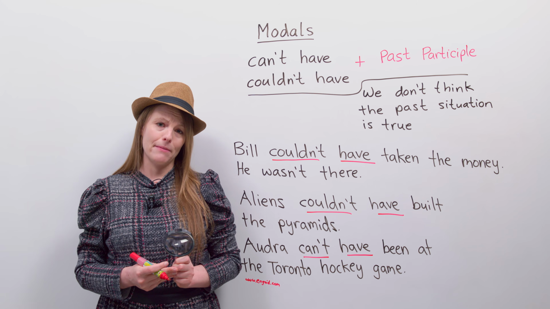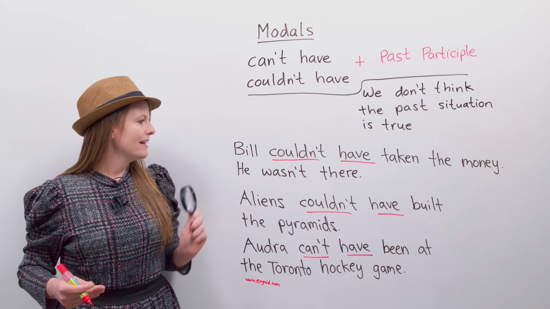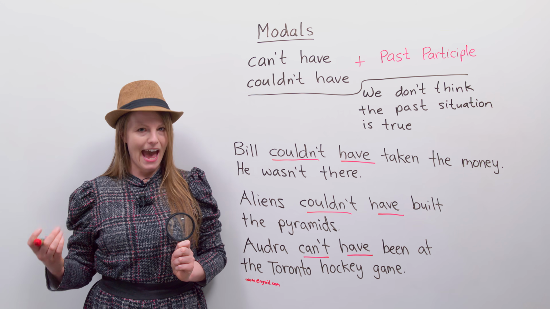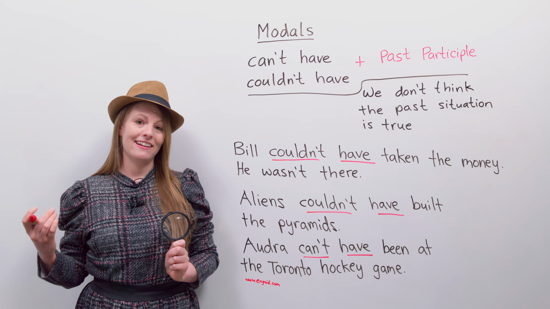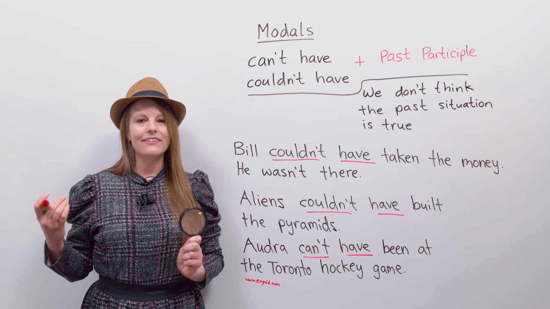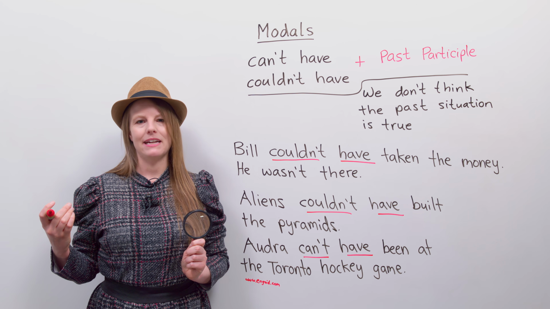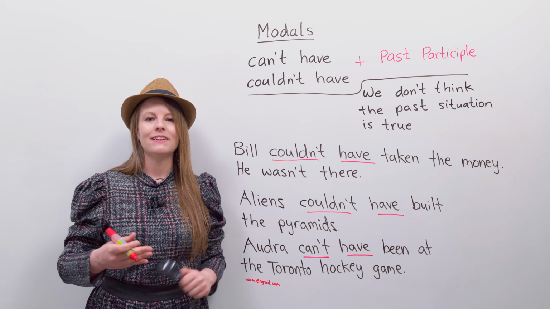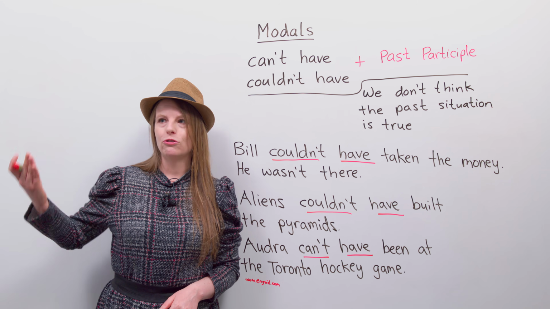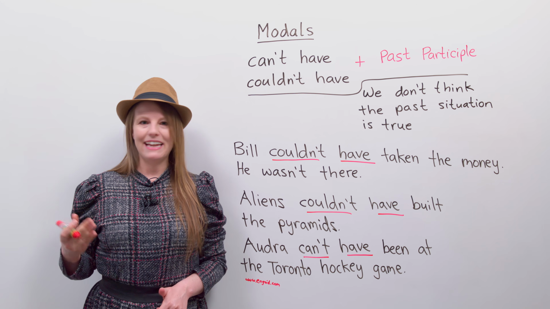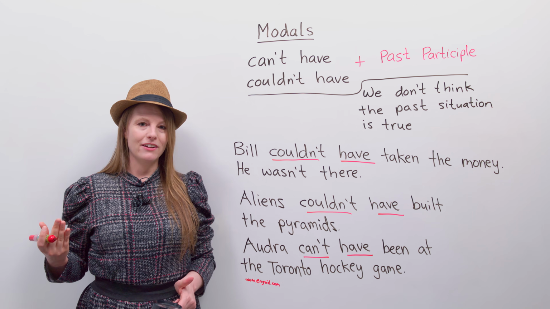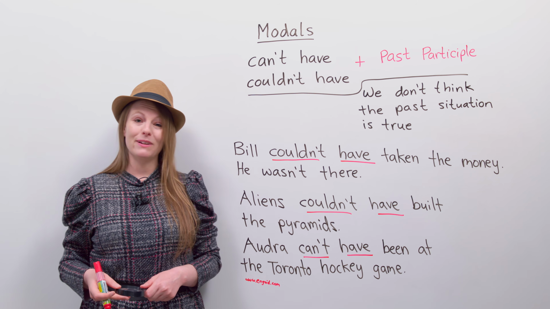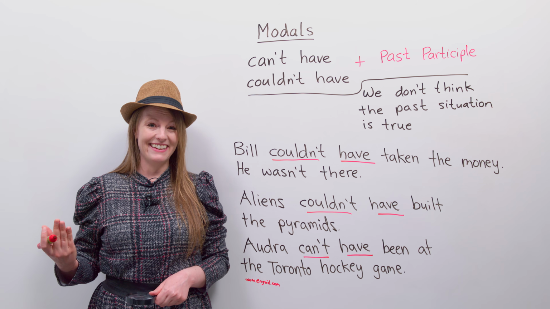So let's look at some examples of this. Bill couldn't have taken the money. So this means I don't think Bill took the money. So imagine we're at school, the money disappears. Who took the money? Well, it can't be Bill. Why not? Well, Bill wasn't there that day. Maybe Bill was sick.